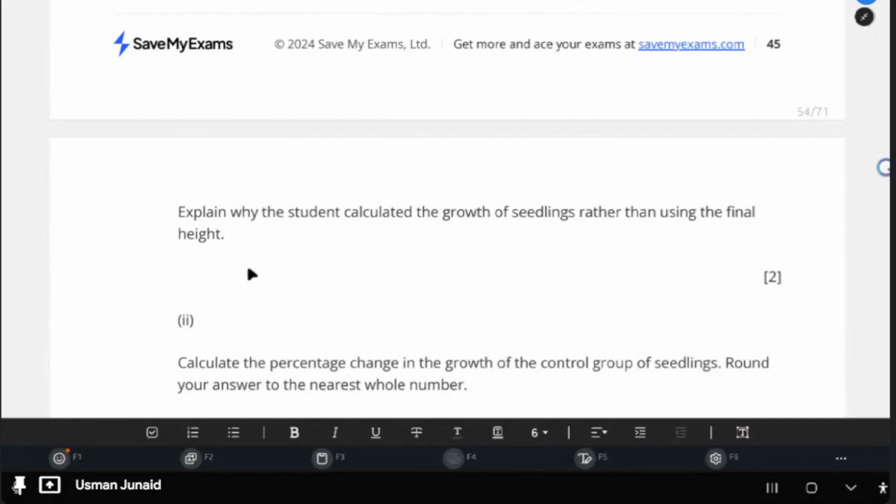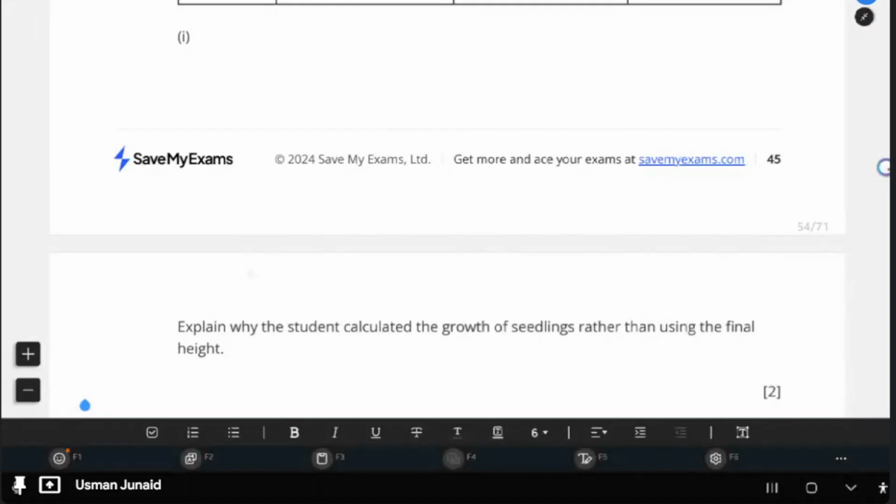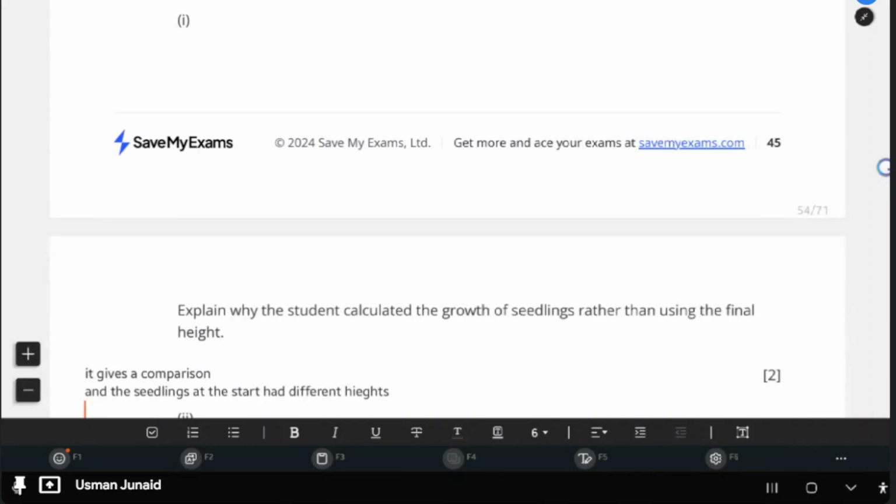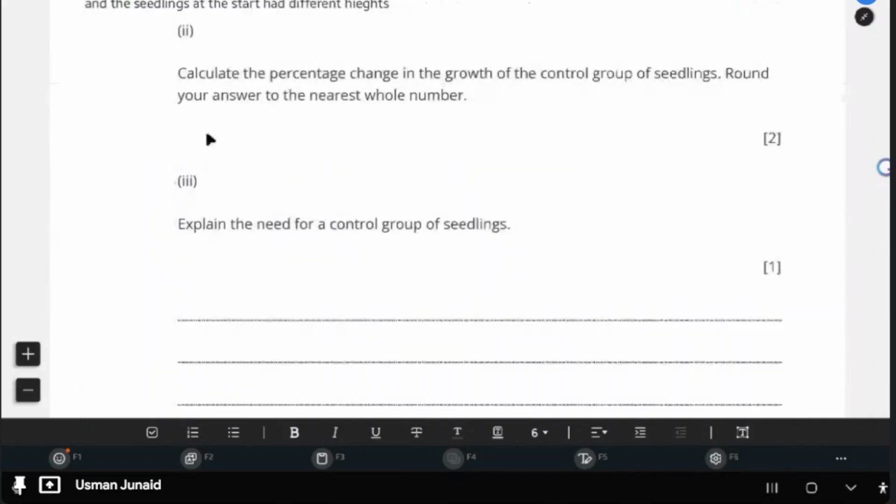Because it gives a proper comparison. And the seedlings at the start had different heights. So the final height would have been different, so it wouldn't have given a proper result.